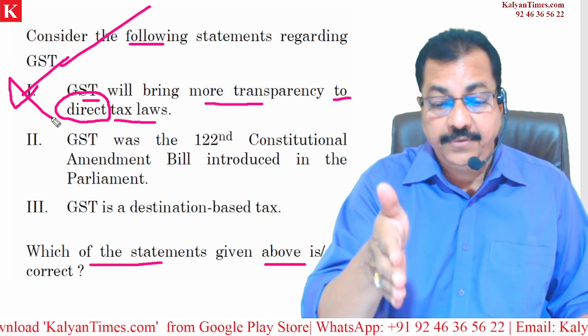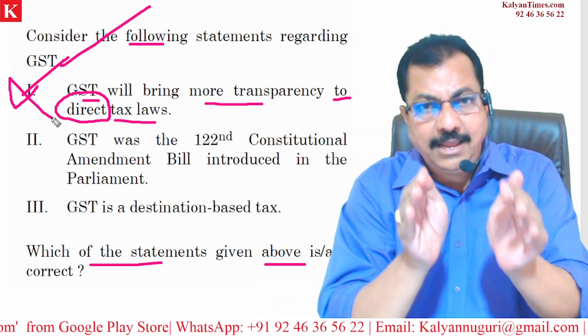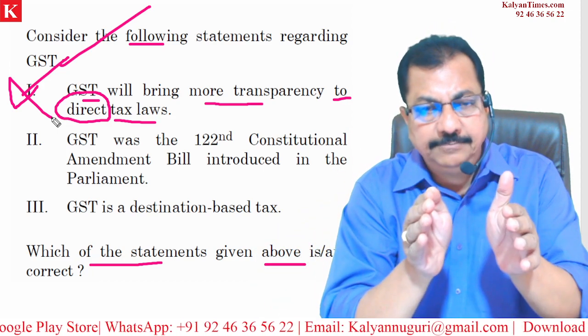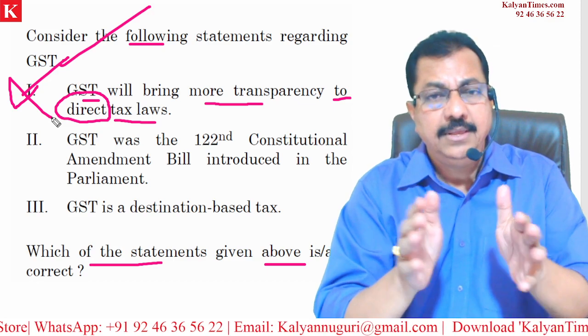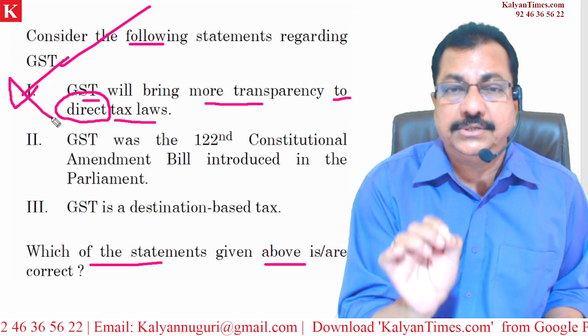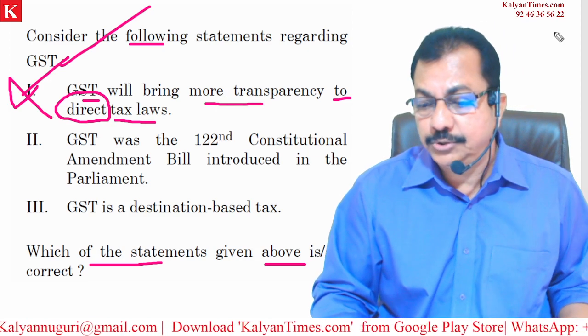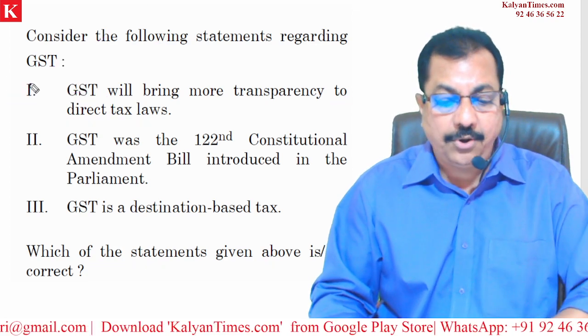If you read half, GST will bring more transparency, till that word transparency the statement is correct, but followed by to direct tax laws is wrong. This is indirect tax laws. Am I clear? So statement 1 is wrong.